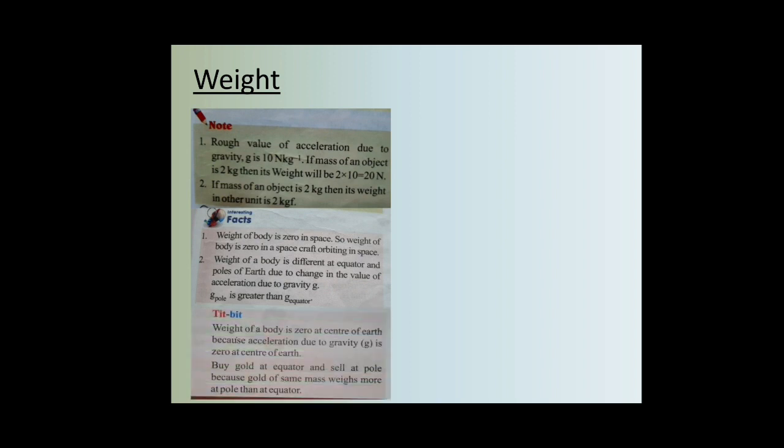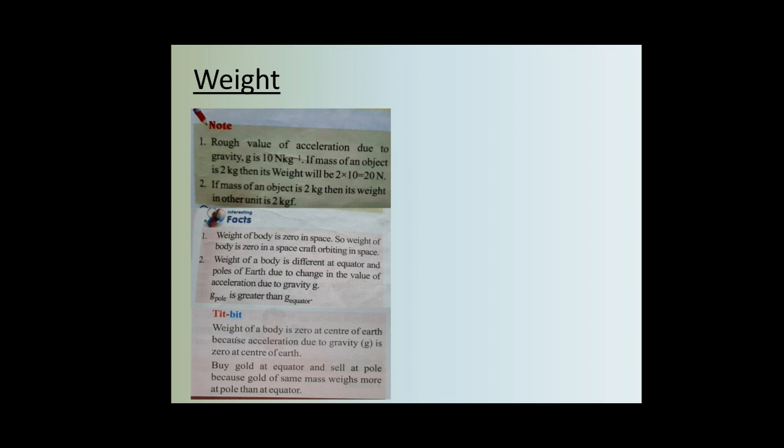So that is why there is a saying also, there is a tidbit given, the weight of a body is 0 at the center of the earth because acceleration due to gravity is 0 at the center of the earth. So there's a saying that buy gold at the equator and sell at the pole, because gold of the same mass weighs more at the pole than at the equator, right? Because at the equator gravity is 0, weight is automatically 0.